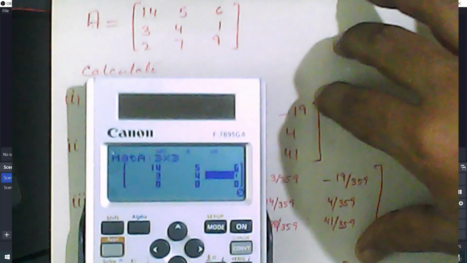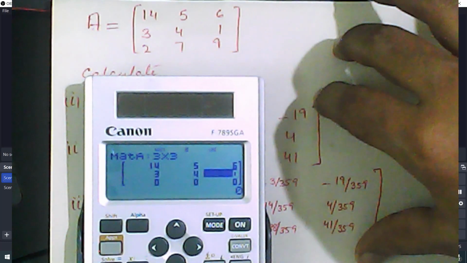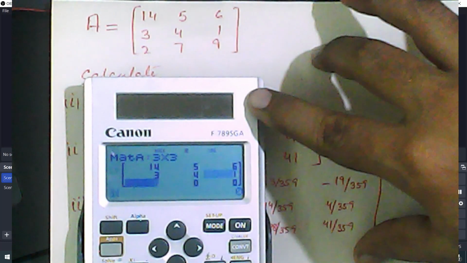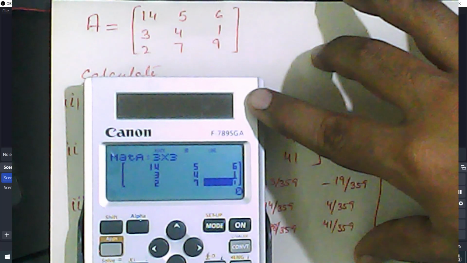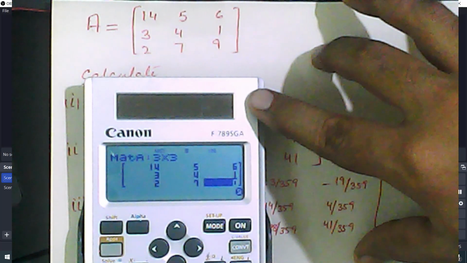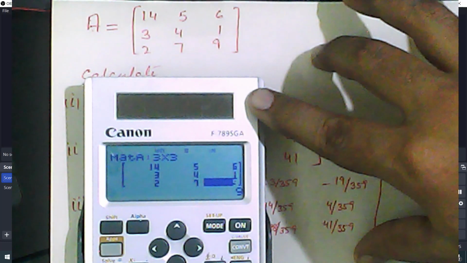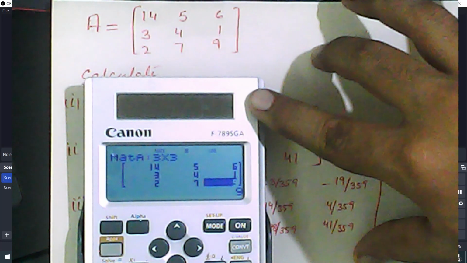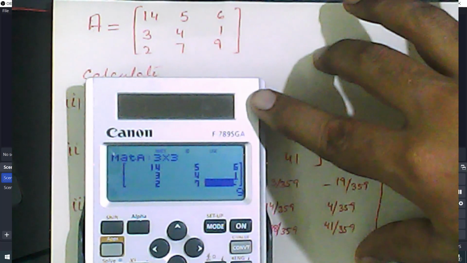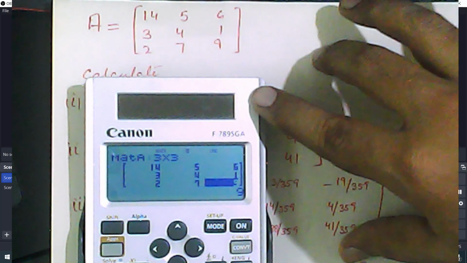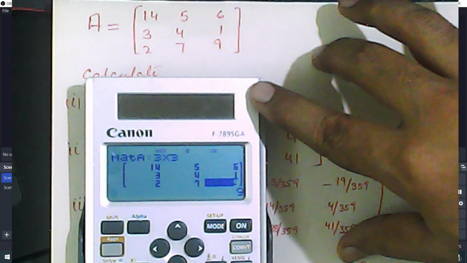Okay, the second one is 1, then 2, then 7, and last but not the least is 9. Okay, so this is the data: 14, 5, 6, 3, 4, 1, and 2, 7, 9. Now we'll try to enter this data into the memory of this calculator. Okay, now this is being done.